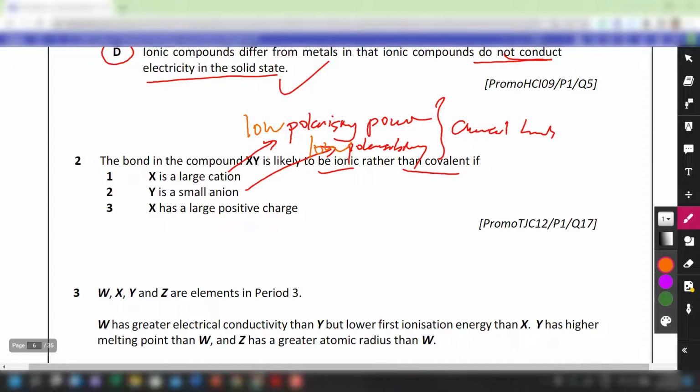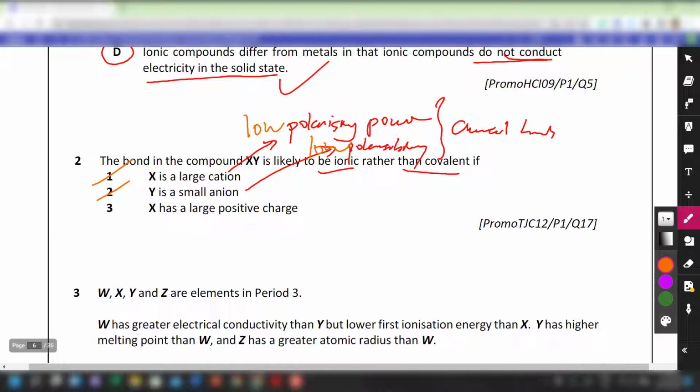Therefore XY is likely to be ionic rather than covalent if X is a large cation and Y is a small anion, because a small anion is reluctant to be polarized by a cation, of course. Usually you will see fluorides are anions that are not well polarized, or they can't be polarized that easily.